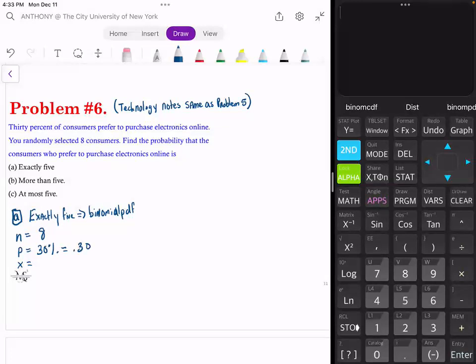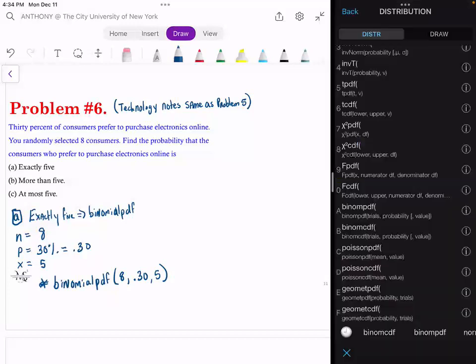And the value of x is only one value, it's going to be 5. So for part A, we will enter binomial PDF of n, which is 8, the value of p, which is 0.30, followed by the value of x, which is 5.